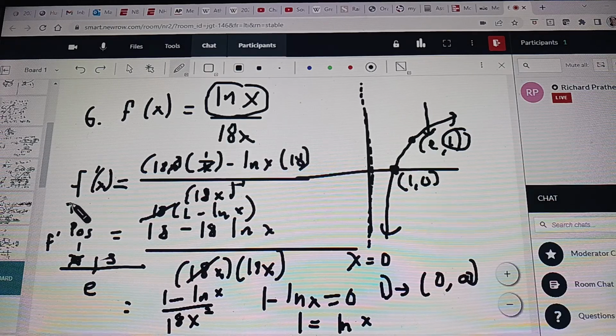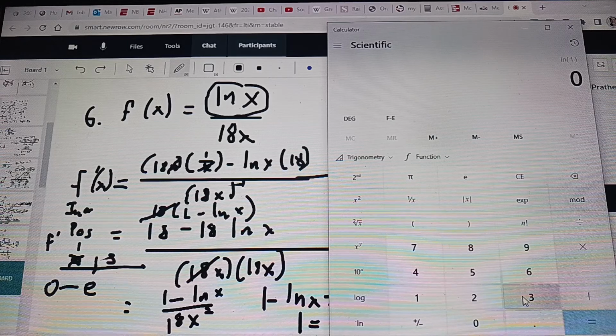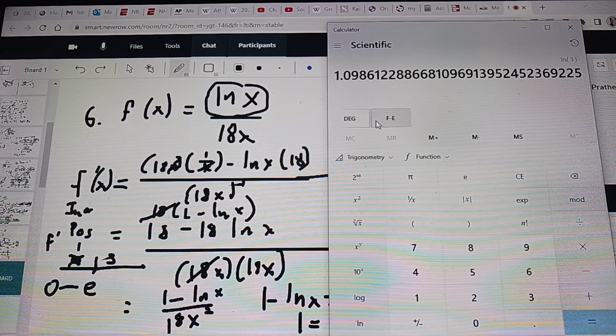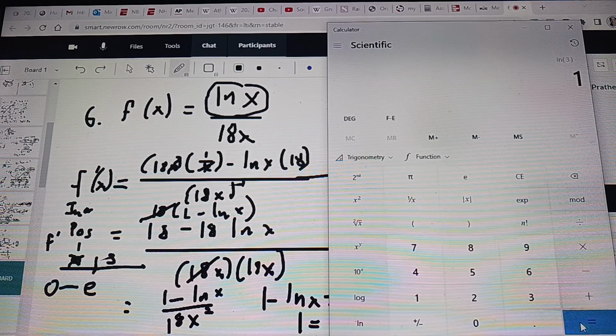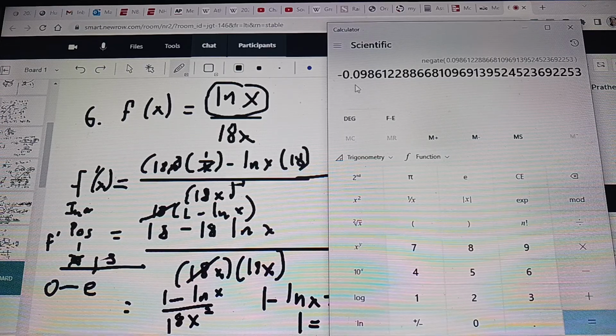So the graph is definitely increasing first. You're going to increase from 0 to e. Not from negative infinity because there's nothing over there, but just from 0 to e it's increasing. If I plug 3 in, ln of 3 is not going to come out nice, but 1 minus ln of 3 is negative, and the bottom is definitely positive because it's squared.